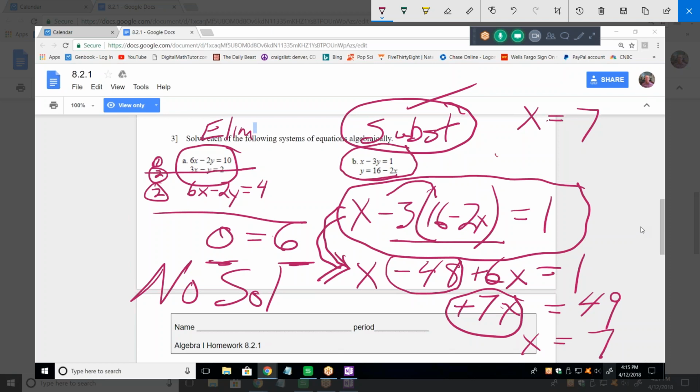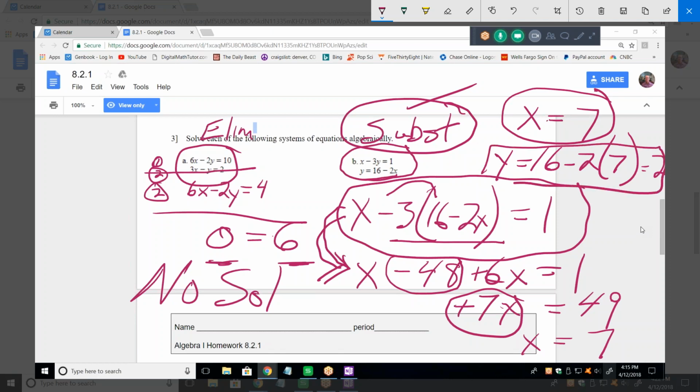So y equals 16 minus 2 times what we just solved for x, 7. So y equals 2. So our solution is x equals 7 and y equals 2.